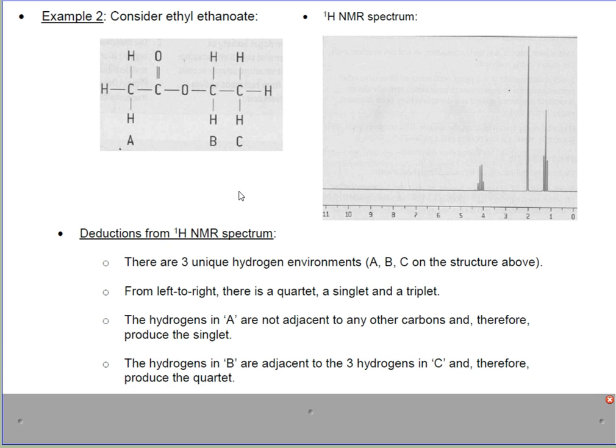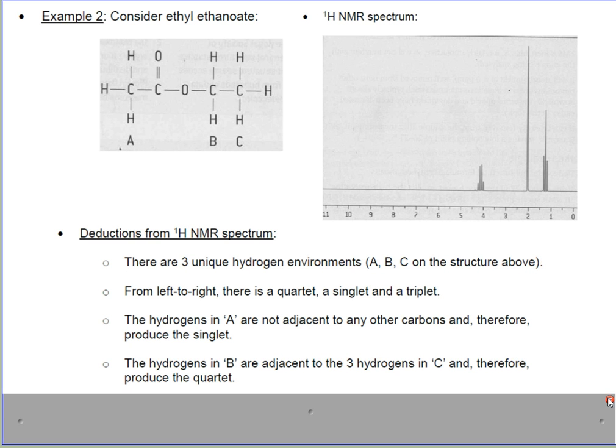Let's take a look at environment B. What is next to environment B? We've got the ester again with no hydrogens, but there is this nice little CH3 group, 3 hydrogens nearby. N+1 would be 4, so we get this quartet here.